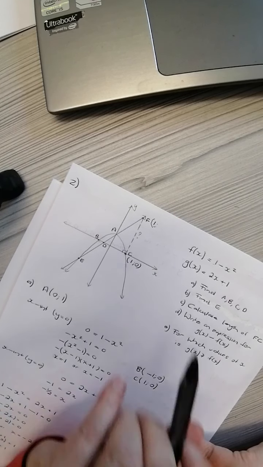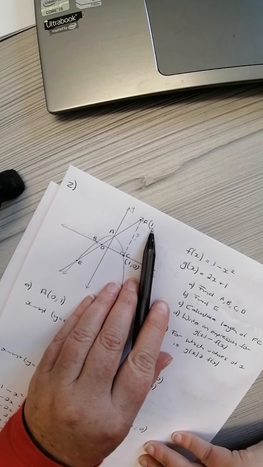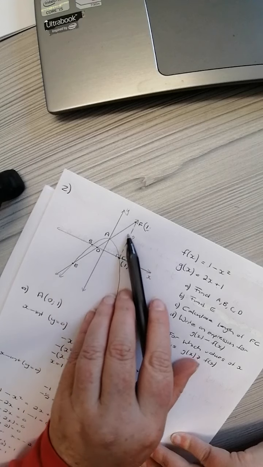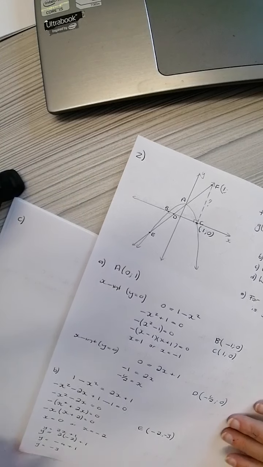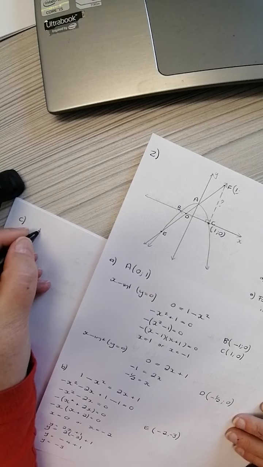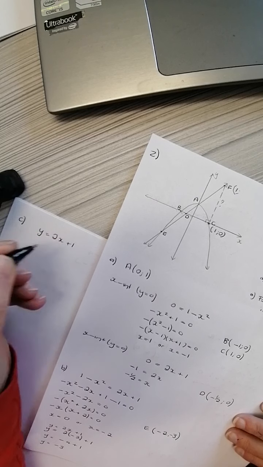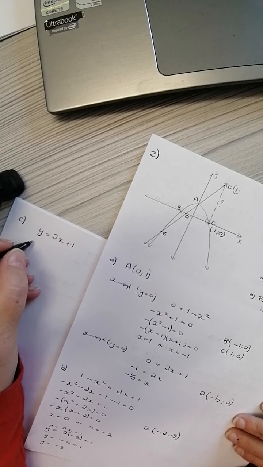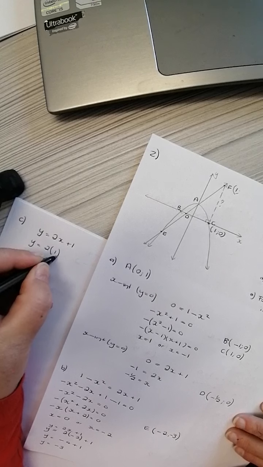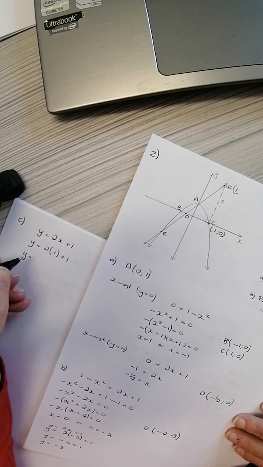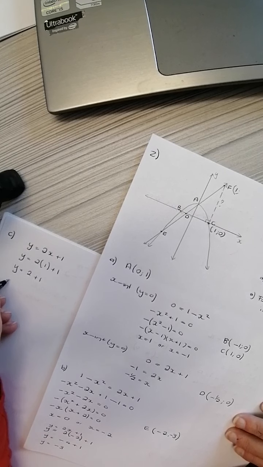So we just substitute the x equal to 1 into the straight line graph. Okay. So let's put our straight line graph, y equal to 2x plus 1, and we're going to substitute the x of 1 in to get the y. So that's 2 plus 1. y equals 3.